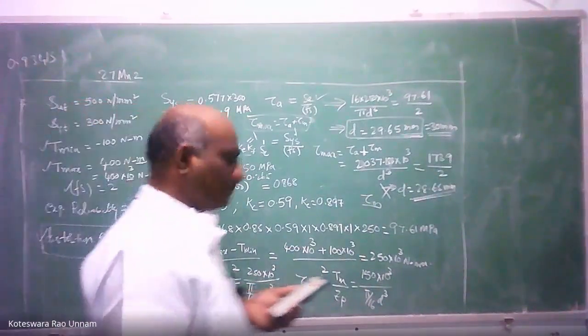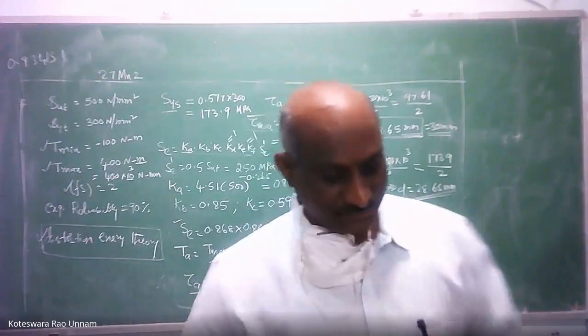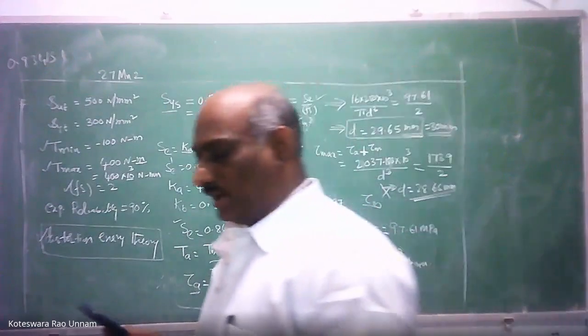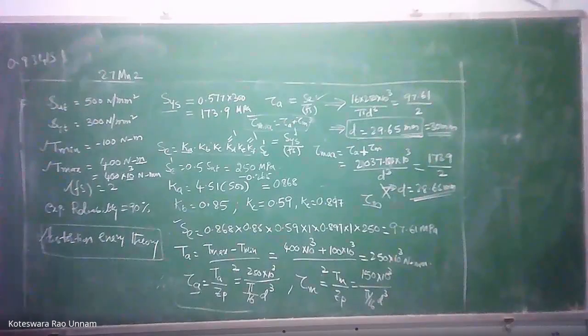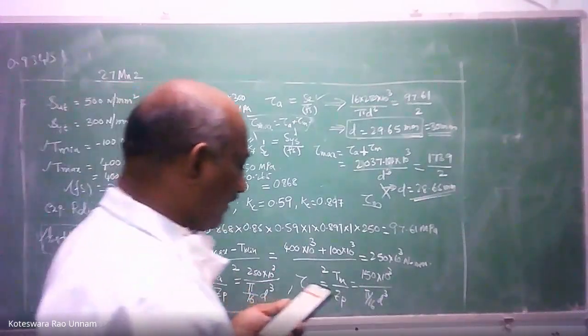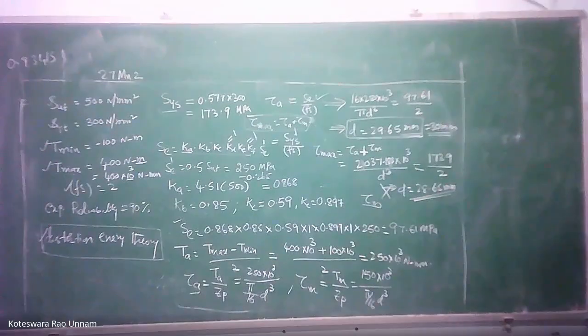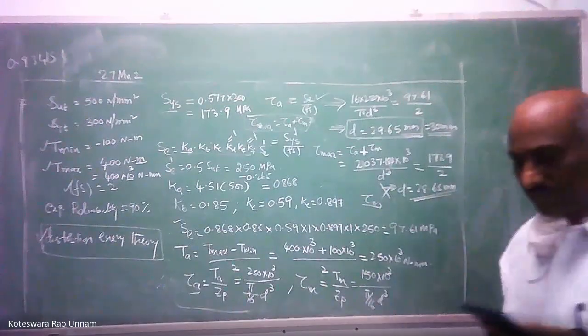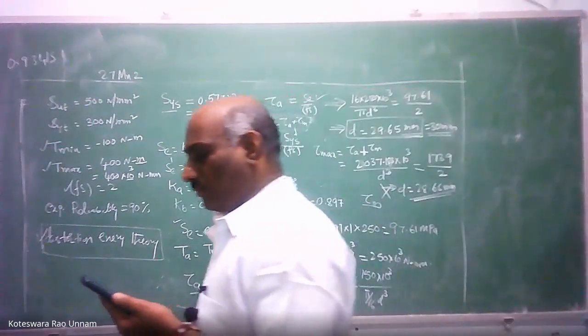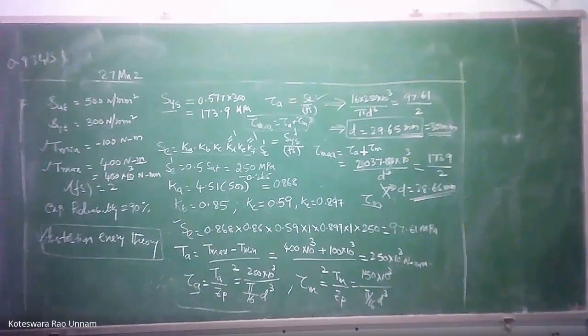Okay, that is the problem. I'll read it again. A polished steel bar is subjected to axial tensile force that varies from 0 to P max. It has a groove 2 mm deep and having a radius of 3 mm. The theoretical stress concentration factor and the notch sensitivity factor at the groove are 1.8 and 0.95 respectively.